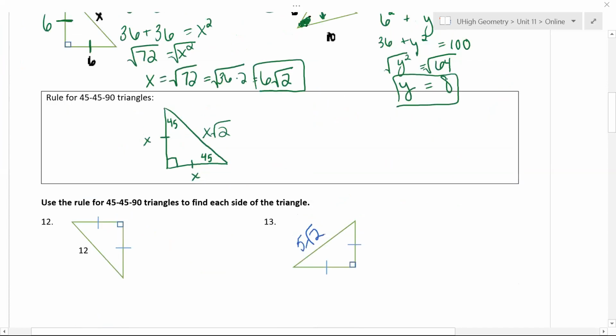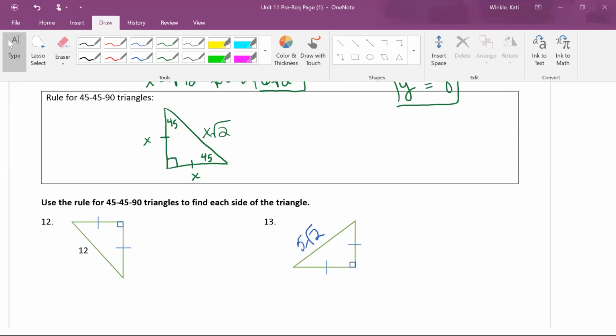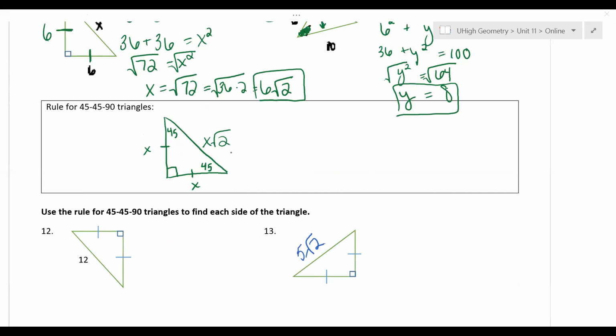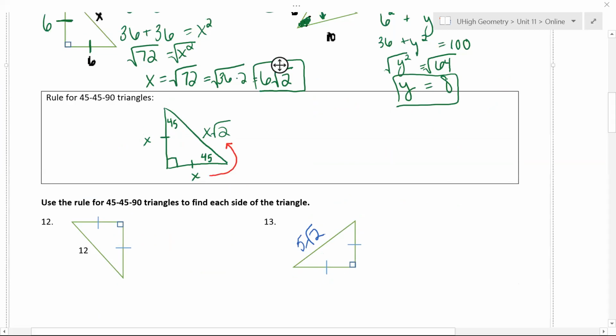Let's take a look at this a little bit more because we talked about it in class. If I wanted to go from one of my legs back to my hypotenuse, I can just think about multiplying by the square root of 2. And if I want to go from my hypotenuse back to one of my legs, I can think about dividing by the square root of 2.